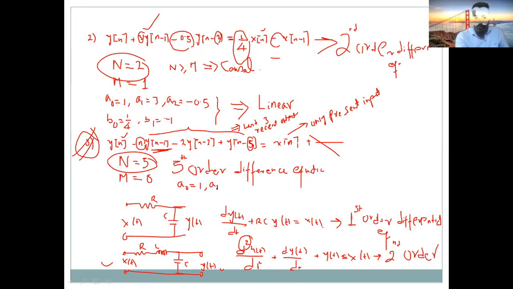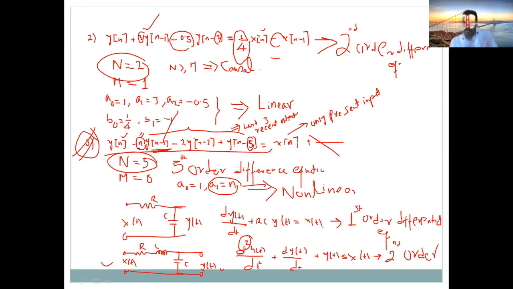But A1, the coefficient of y of n minus 1 here, is n. It's not a constant, it depends on n. N is time. So because one of the coefficients is not constant, our system is non-linear. So this is the equation of a non-linear system. Why is it non-linear? Because one of the coefficients here is n. It's not a constant number.